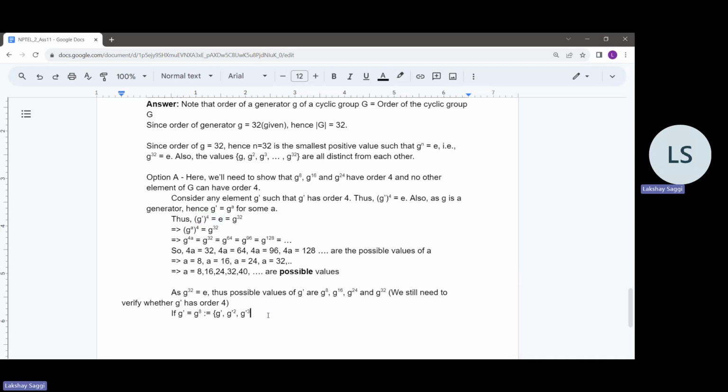So we need to say that this set of G prime squared and G prime cube should not contain the value E, right?